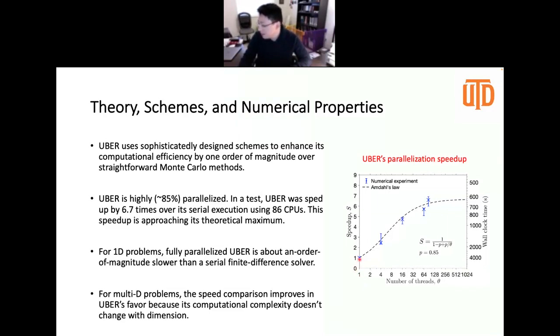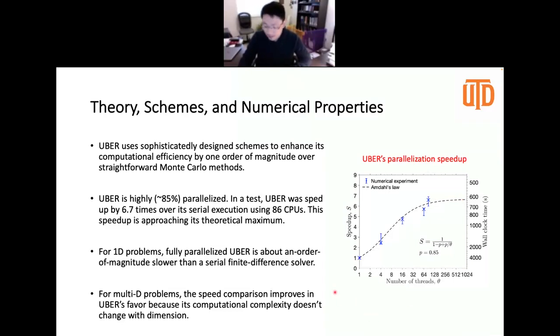The dashed line here is the theoretical prediction, and the blue crosses are numerical experiments using UBA. We can see that the last data point is the point using 86 CPUs, and the speed up is already approaching its theoretical limit of the speed up using parallel computations.